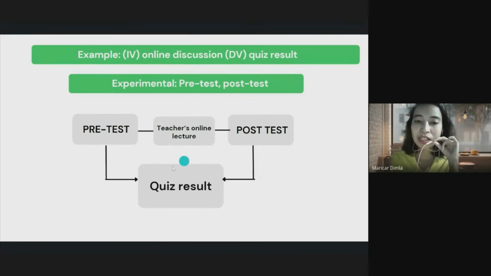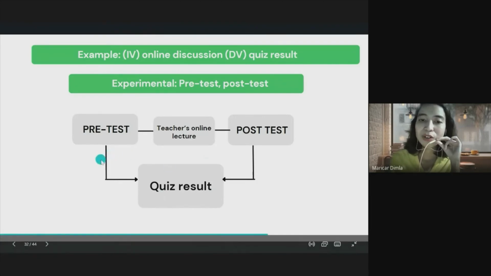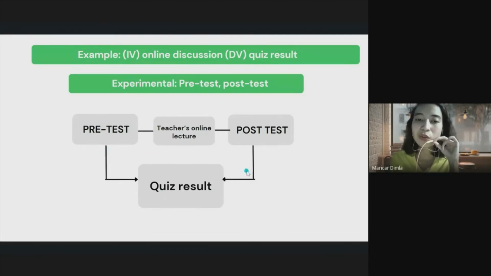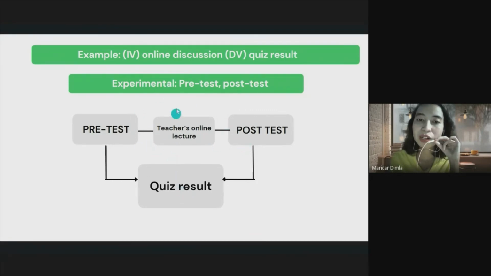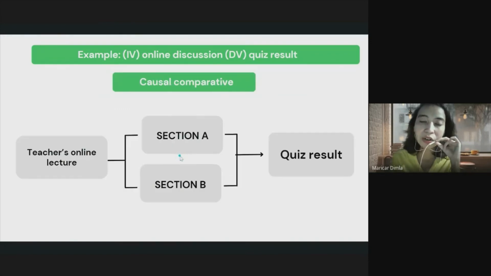And then, we'll be having the post-test. And then, what is the quiz result? So, meron bang similarities between the quiz result during the pre-test and the post-test. Meaning to say, class, it's now part of the experimental kasi you have given treatment on your independent variable. Unlike on the causal and correlational, as is lang siya.